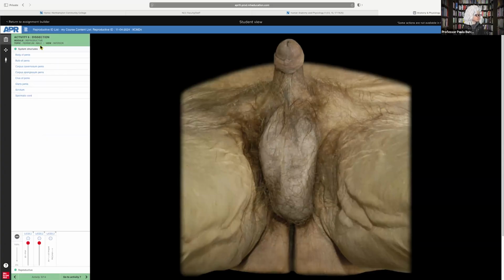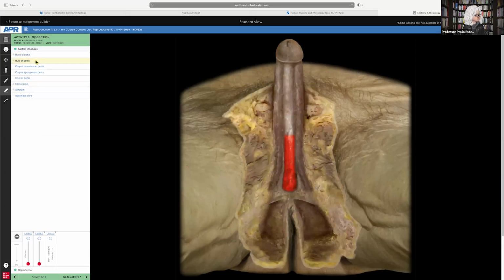This is an inferior view, external view. Again, this is your scrotum. That's your glans penis. That's the body of the penis. And we're going to be looking at the bulb here. So here is going to be the bulb of the corpus spongiosum.